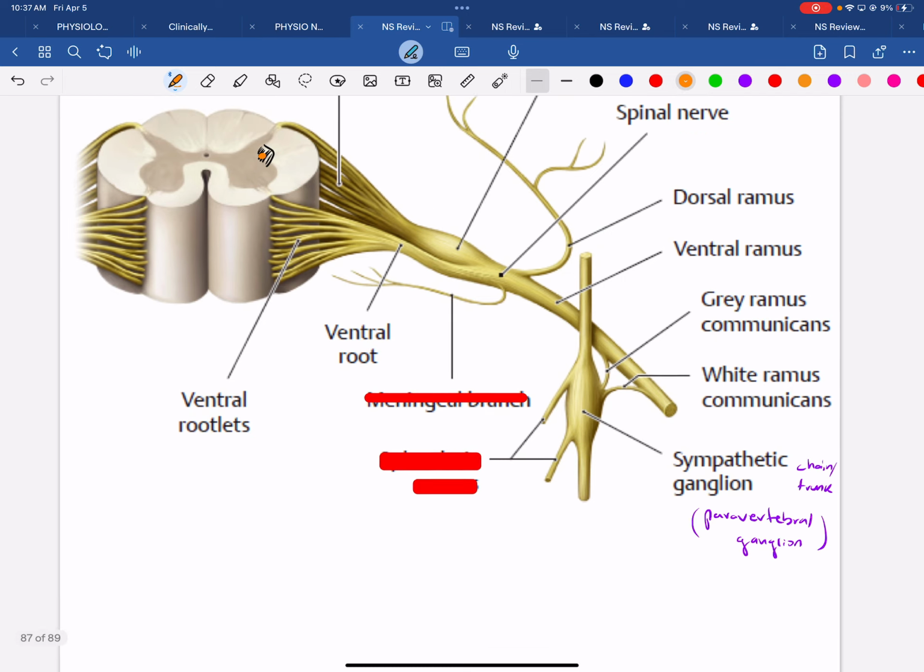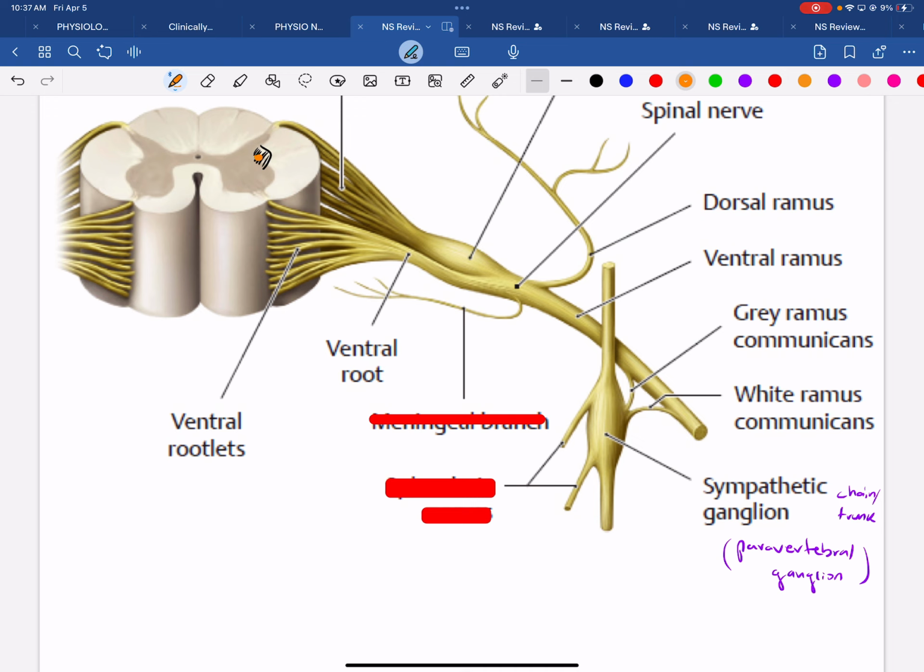2, good. So the way that it works is the first one is here, then it can come out. Let's say that the on-ramp is the white communicating ramus, then it goes in here, and it can synapse, and this one can leave through here, or it can go up and synapse at a different level, and then that one can come out.